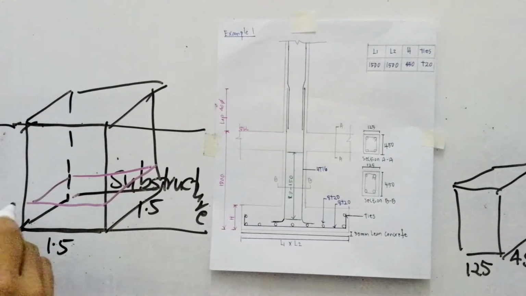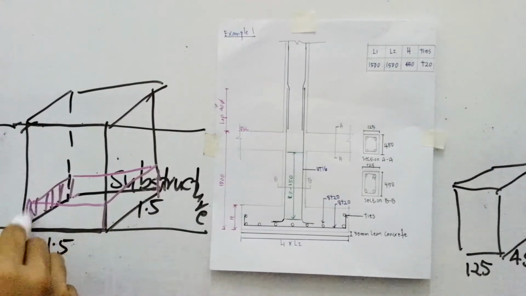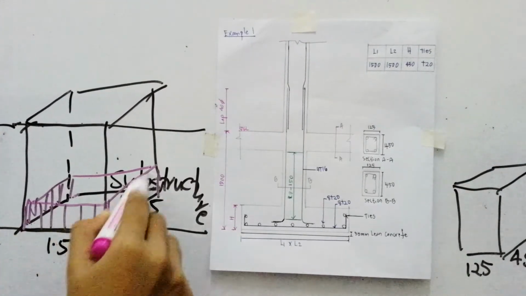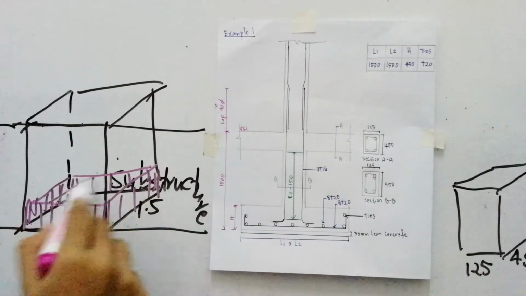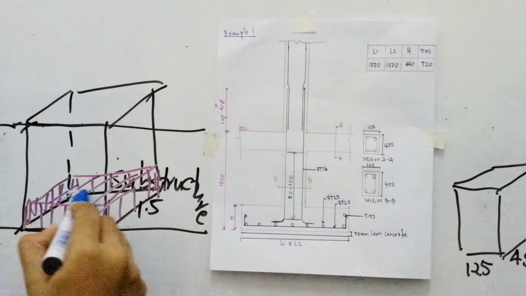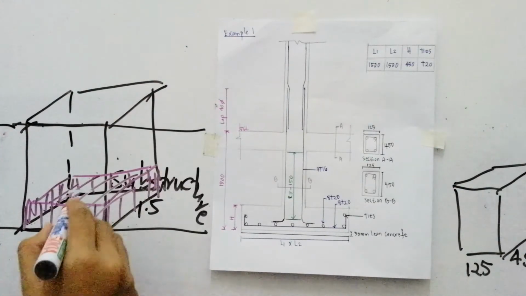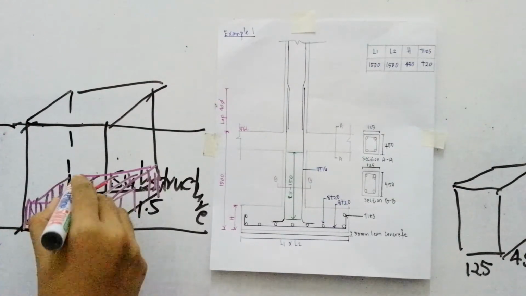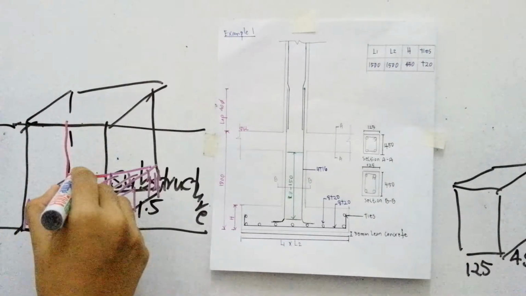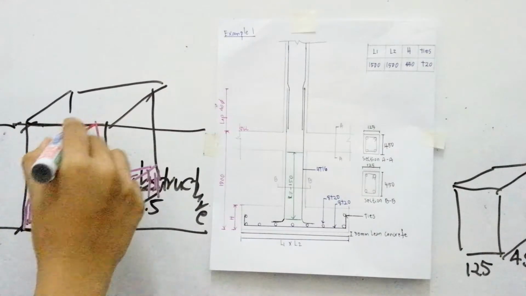This will become your pad footing later on, and on top of your pad footing is your stump. This is the space for your stump. So you need to do the excavation.